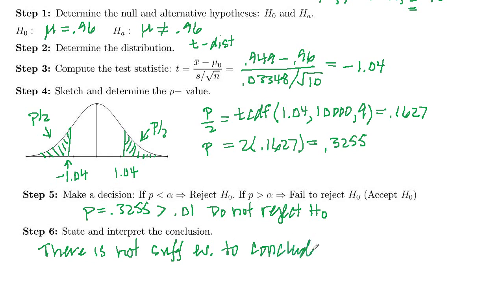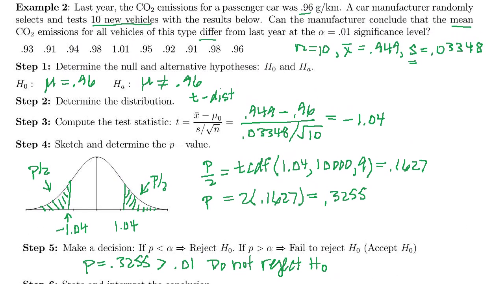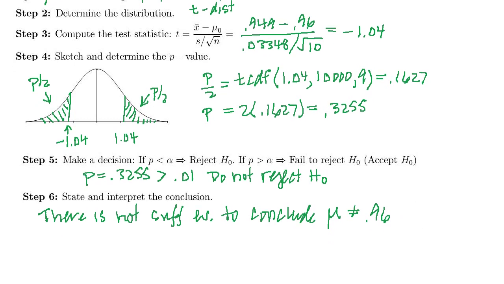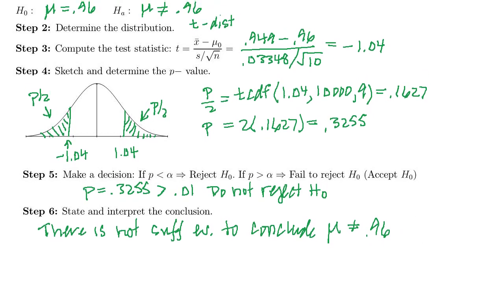So to conclude HA, to conclude mean not equal to 0.96. So in other words, the mean did not change. Not enough evidence here. You can also check this one on the calculator.